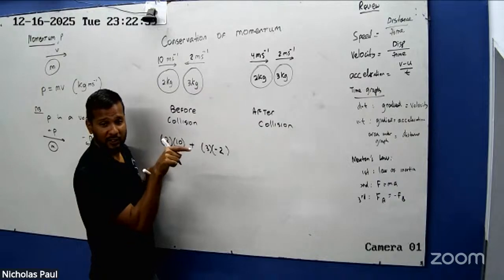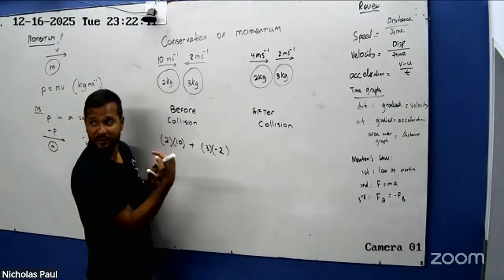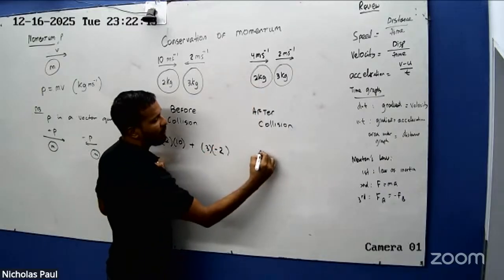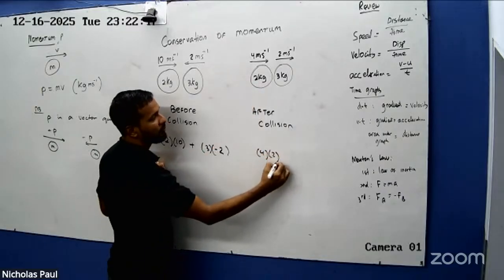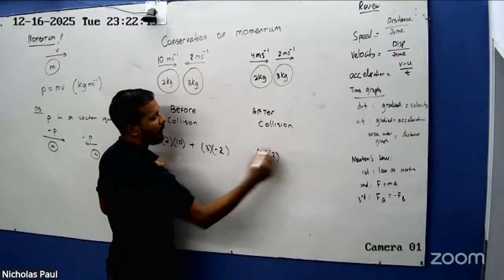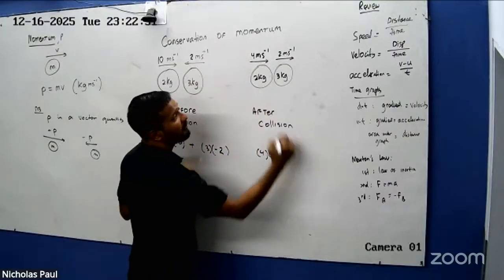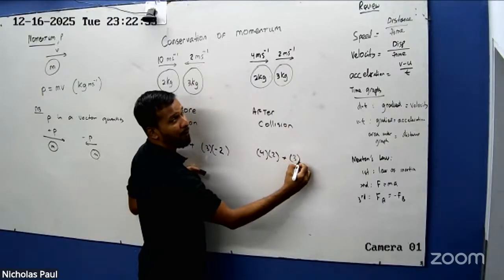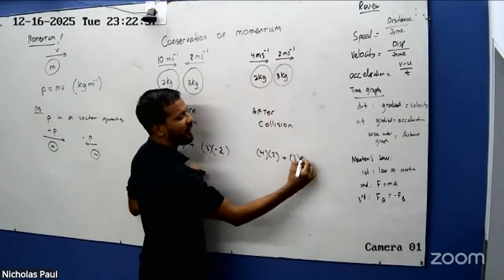One direction is positive, the next direction is negative. Here, it will be 4 by 2. And here, by +2, because they're in the same direction.